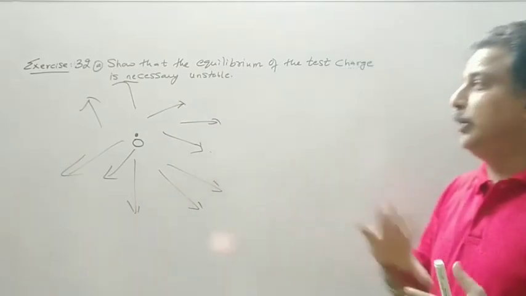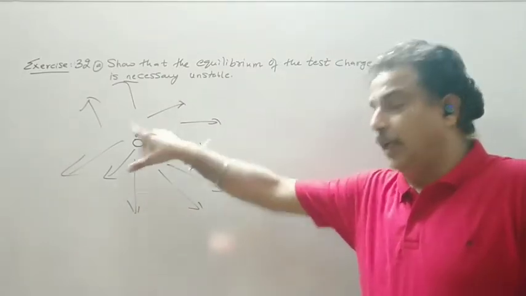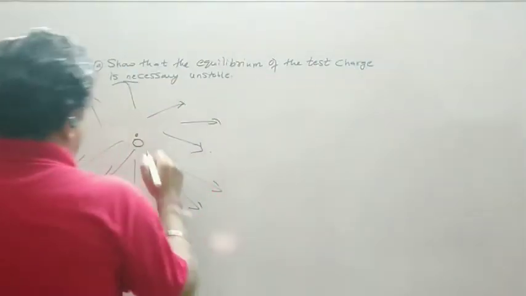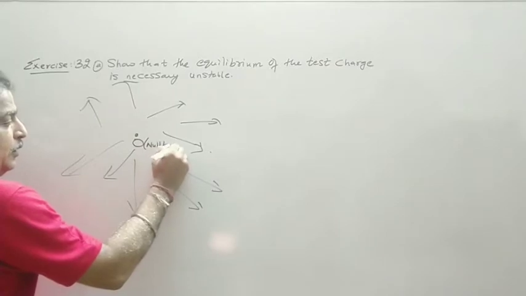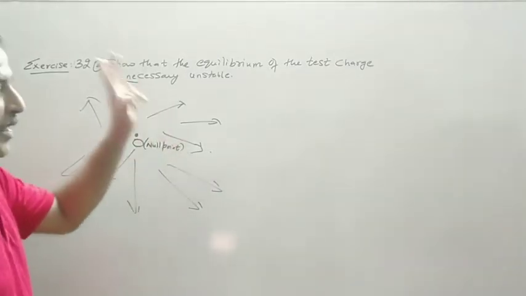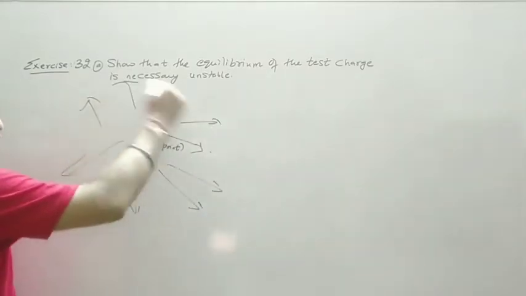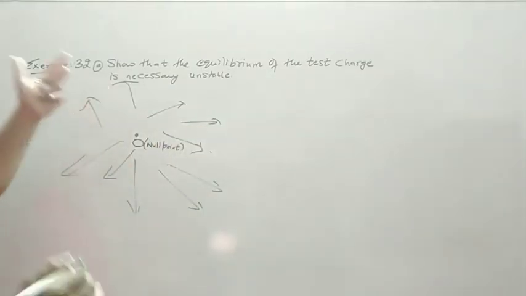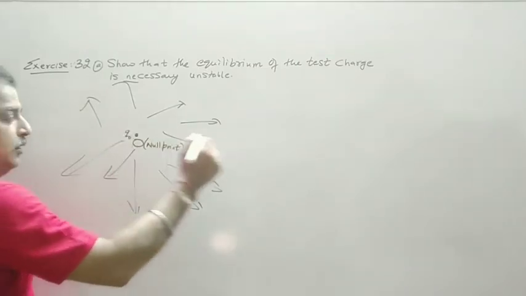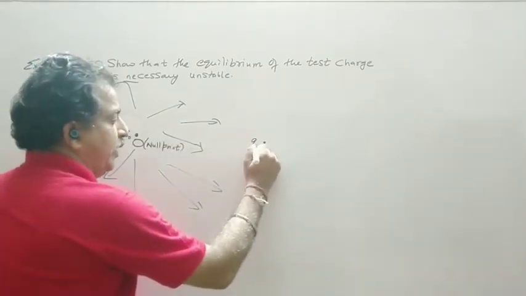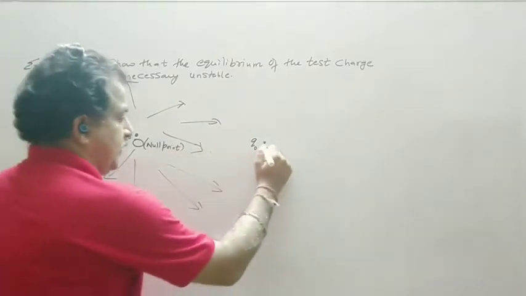We have to prove that the test charge placed at the null point, in an electric field configuration that is arbitrary and random, is unstable. Suppose a test charge Q0 is placed at the null point.